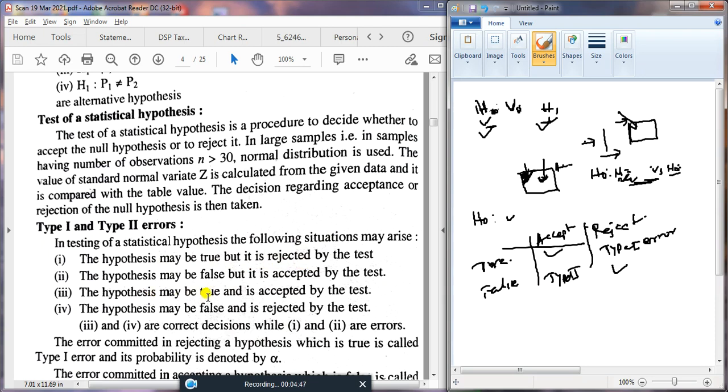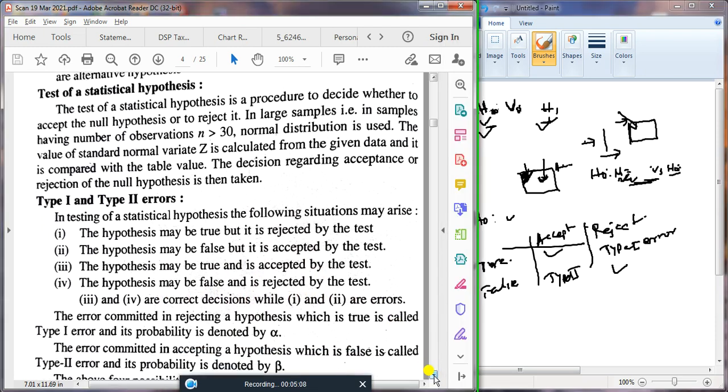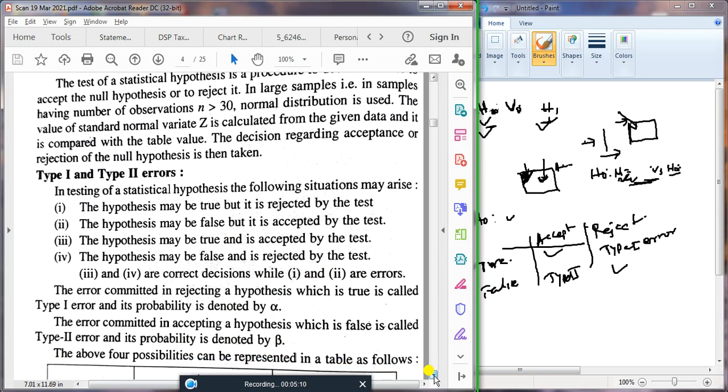The hypothesis may be true and accepted, which is correct, and the hypothesis may be false and rejected. So the third and fourth are correct decisions, while the first and second are errors. Rejecting the hypothesis which is true is called a type 1 error.